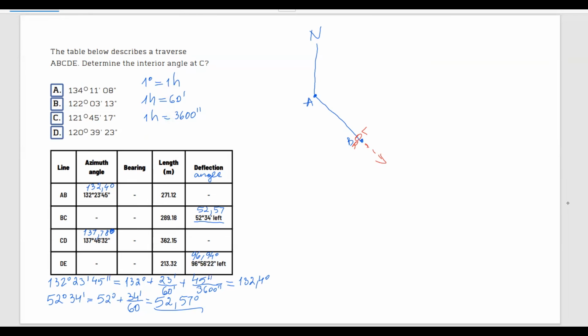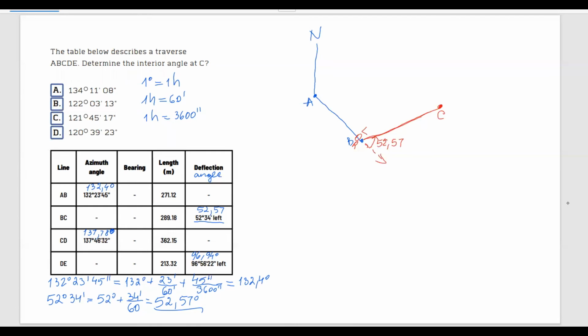So from this line, I'm going to deflect 52.57 towards the left. So this is the angle, 52.57 in the left direction. Okay, and my line is 289.18, BC. This is BC.